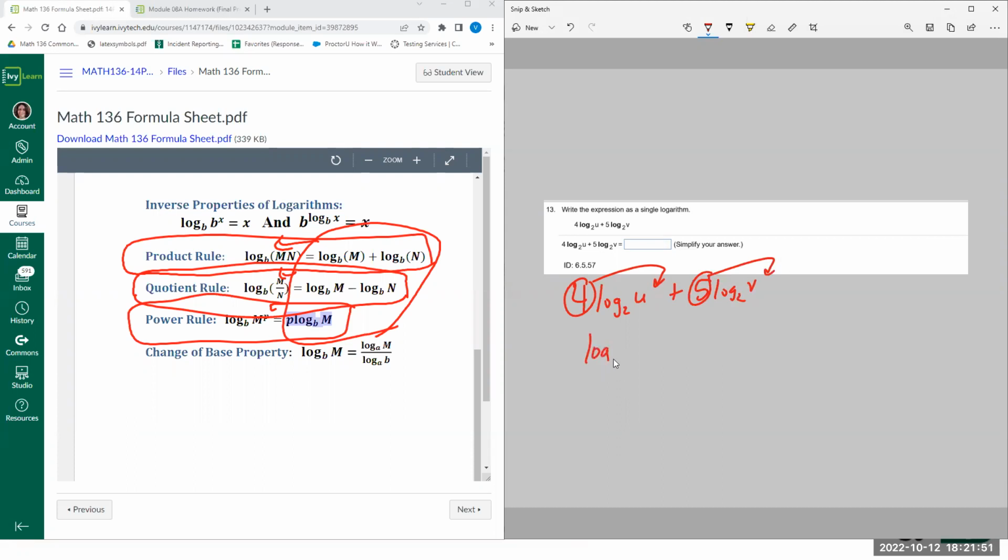So we have log base 2 of u to the 4th plus log base 2 of v to the 5th. We want to not have anything outside of this single logarithm, and the first step is just moving those powers inside. Then those 2 logs being added together can be combined into a single log of the same base, and because of the addition, those inputs get multiplied.